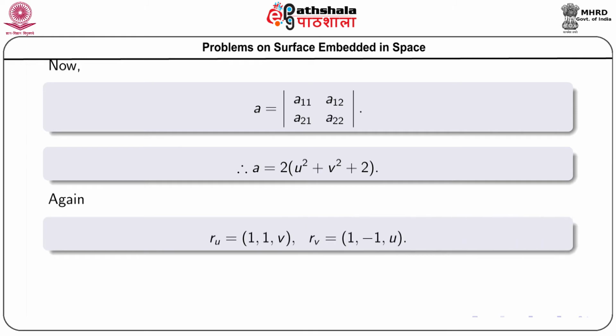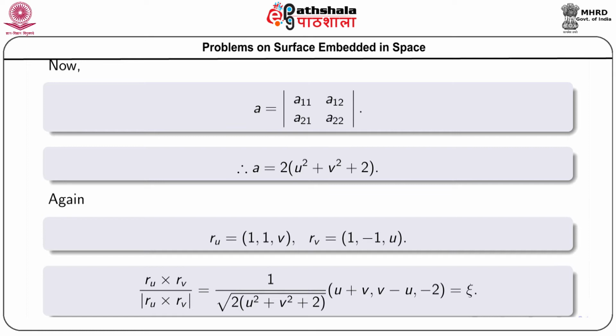Again r u, that is the partial derivative of r with respect to u, is coming to 1, 1, v, and r v, that is the partial derivative of r with respect to v, is coming to 1, minus 1, u.